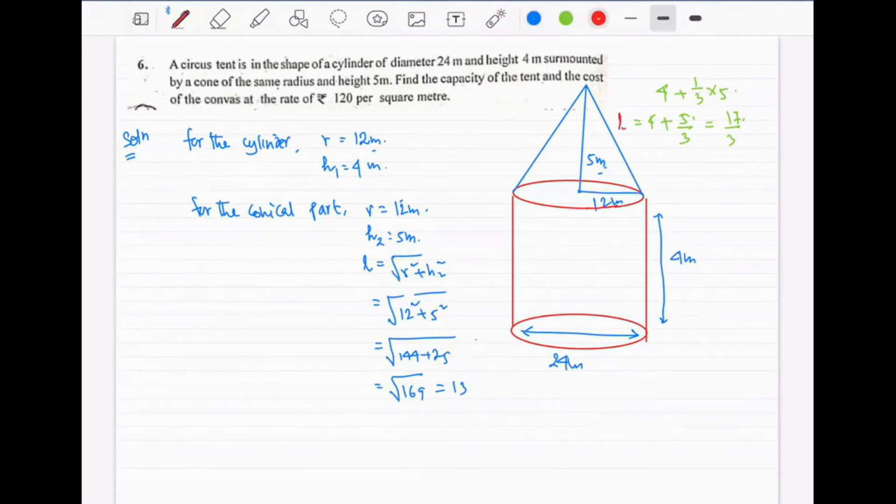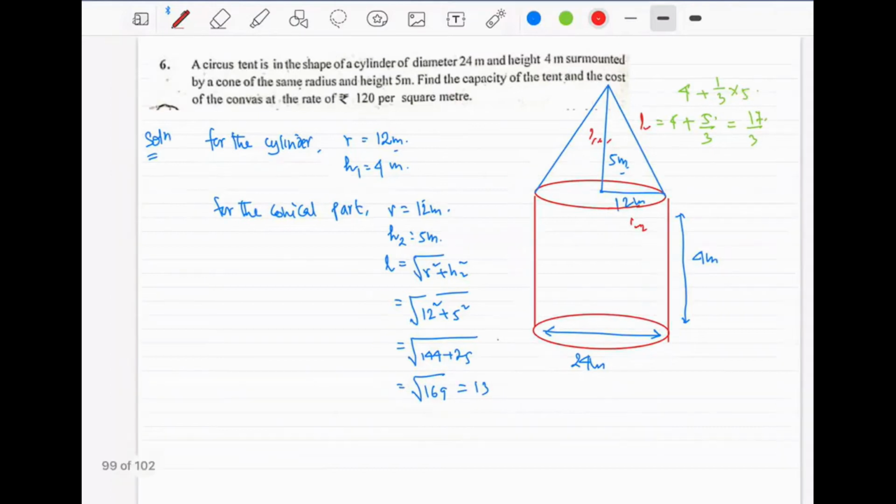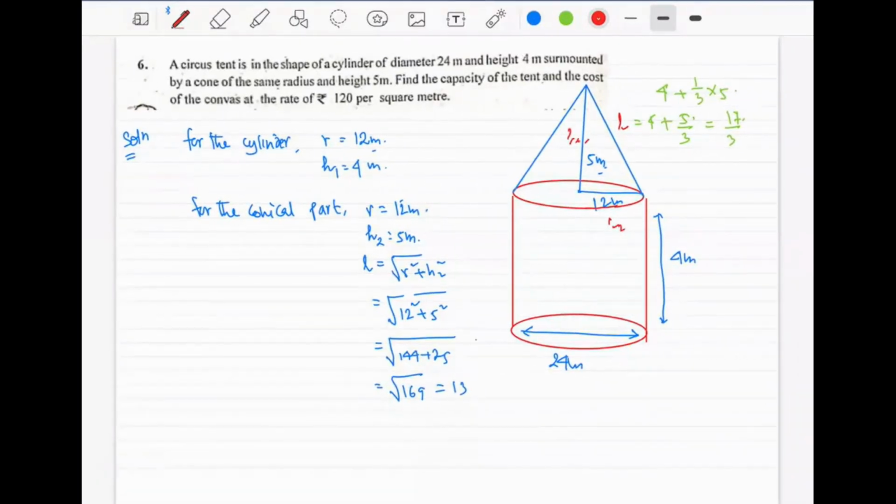Consider this. This is the L. This is the H2. This is the R. So H2 here and the R here. If you look here, this is a right angle triangle.